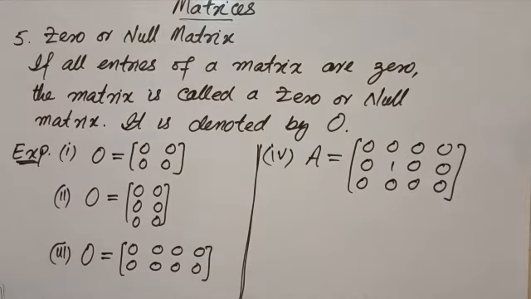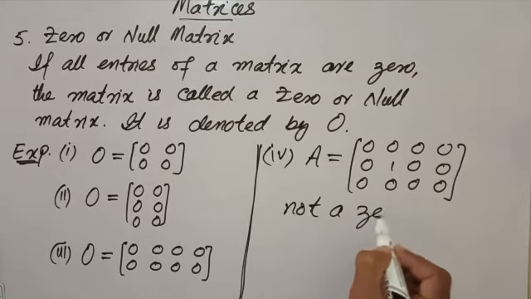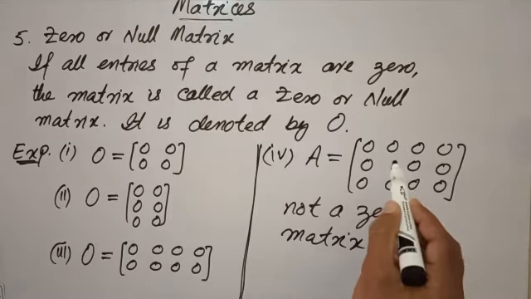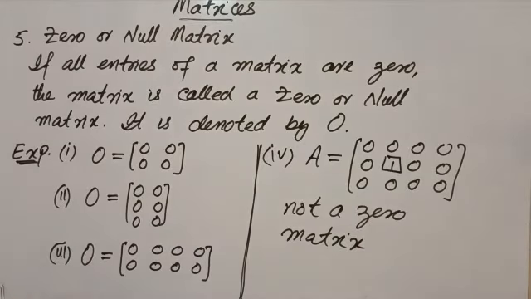If all the entries are 0 except 1, then the matrix is not a zero matrix. This one is not a zero matrix because this is not a 0. All the entries must be 0, then the matrix is said to be a zero matrix.